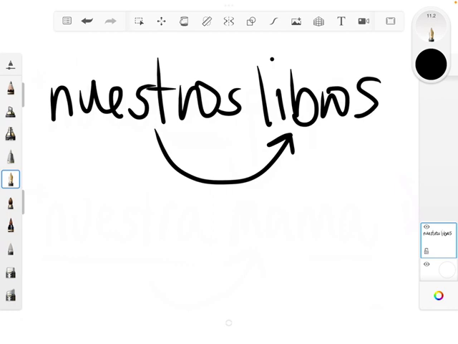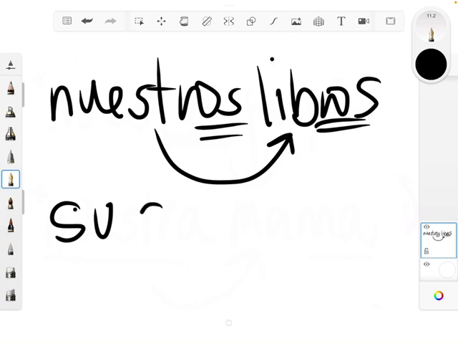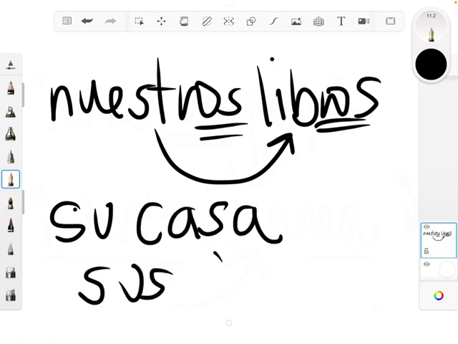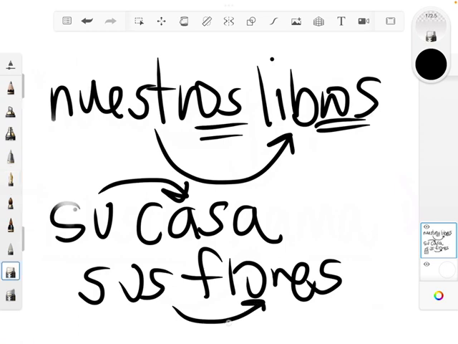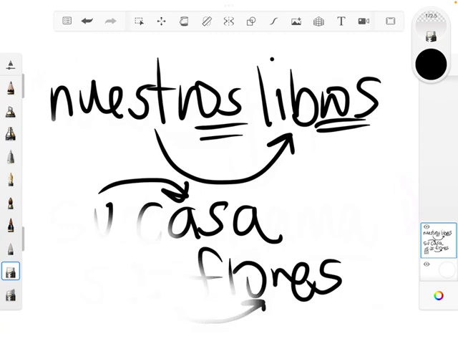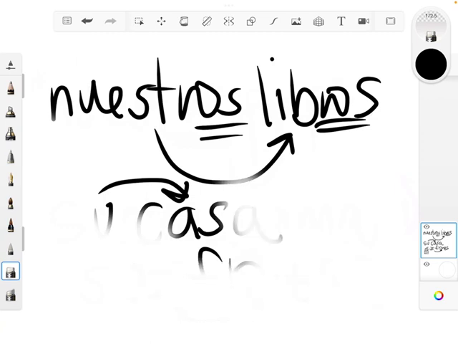That matches the ending here. It matches number and gender. Okay? And again, it's going to match the noun that is modified. All right. So let's move on from here.